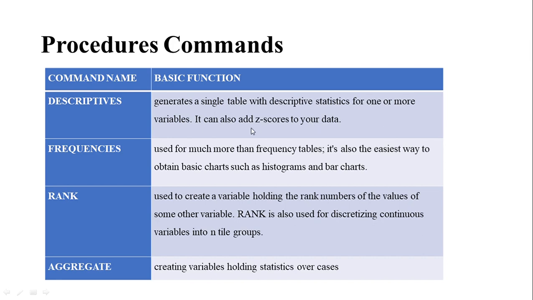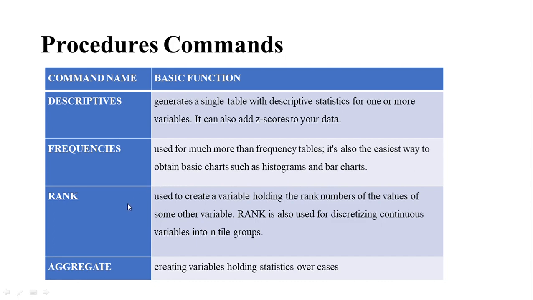It can also add z-scores to your data. Frequencies is used for much more than frequency tables. It's also the easiest way to obtain basic charts such as histograms and bar charts. So procedures are the ones used to draw bar charts and histograms.